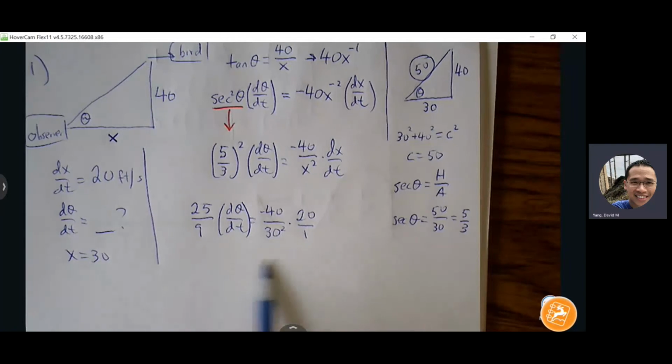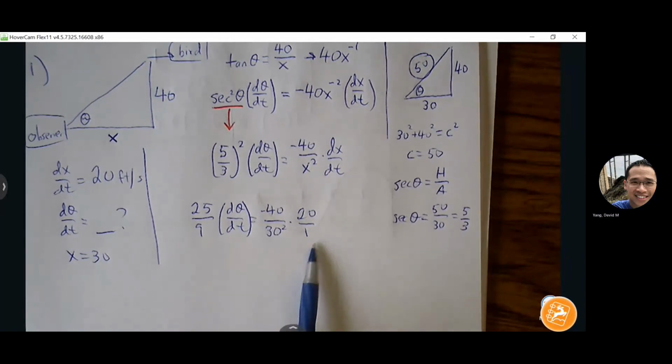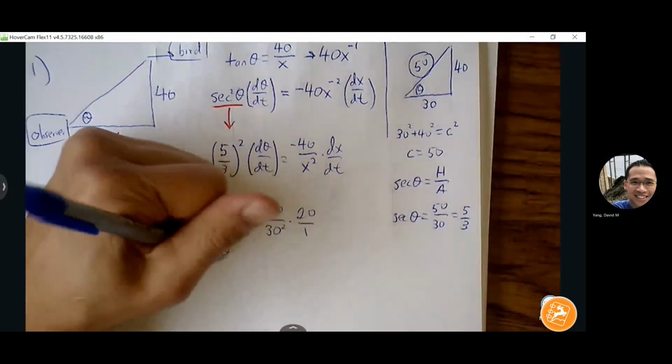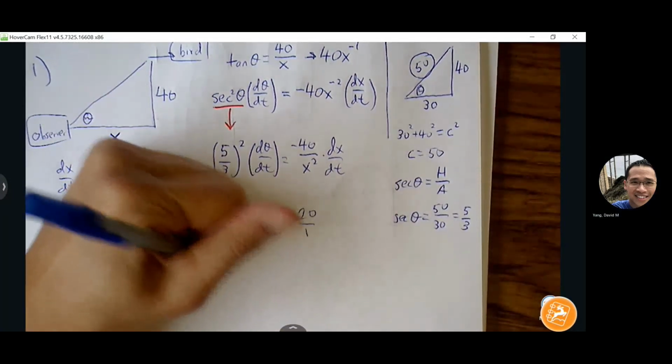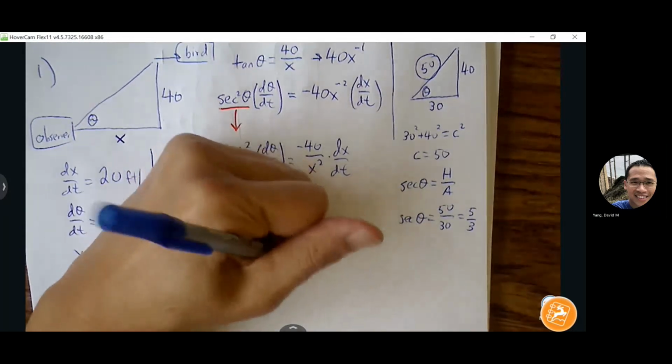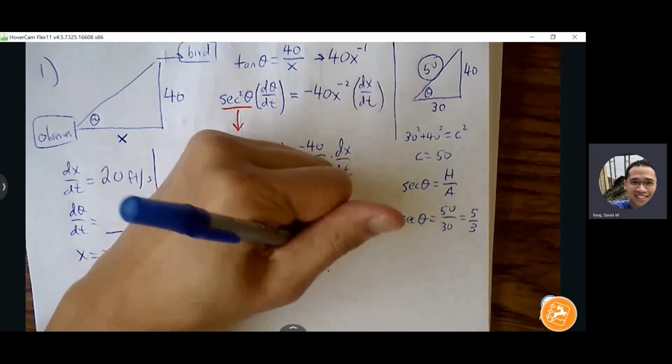Okay, how do I bring the 25 over 9 over? Reciprocal, so the right side will show up as 9 over 25.